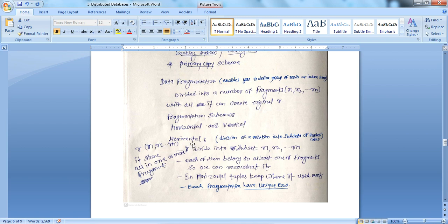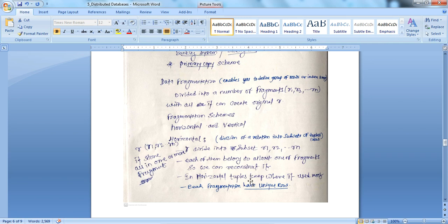If the fragmentation is horizontal, we represent the data row-wise. That is division of a relation into subsets of tuples, rows, divided into subsets R1, R2 up to Rn. Each tuple belongs to at least one of the fragments, so we can reconstruct it.